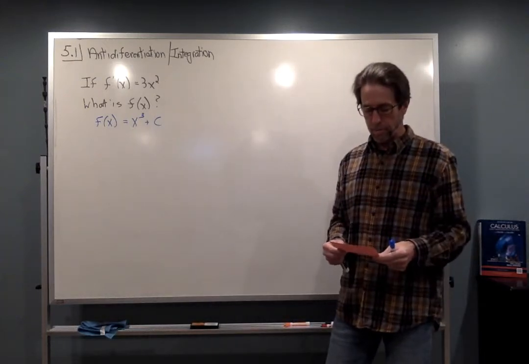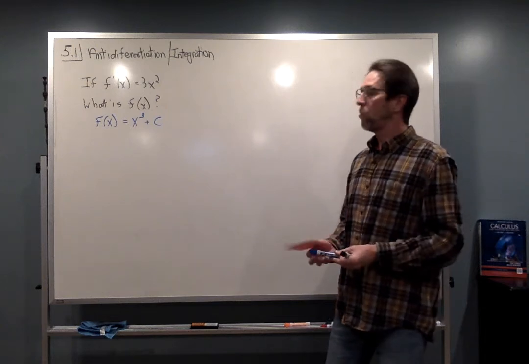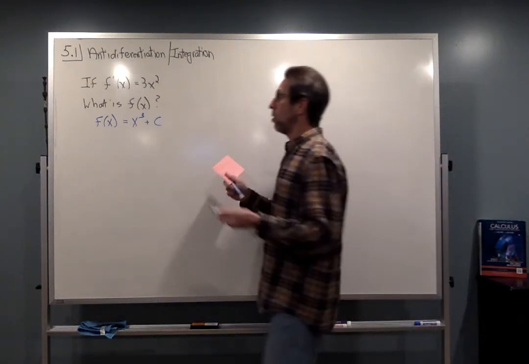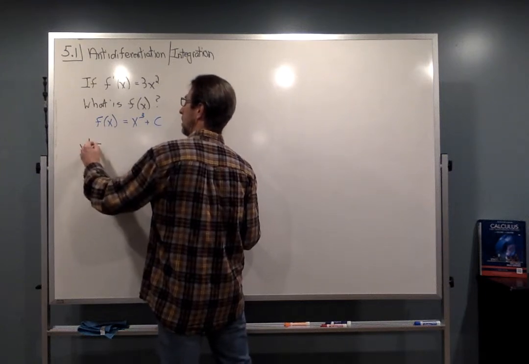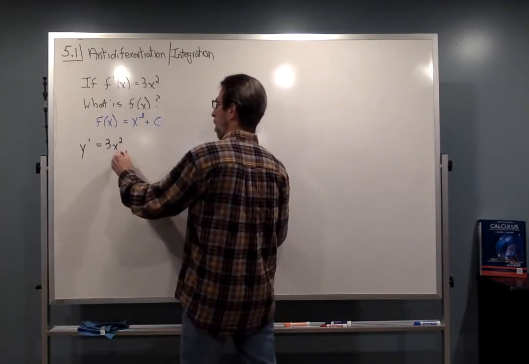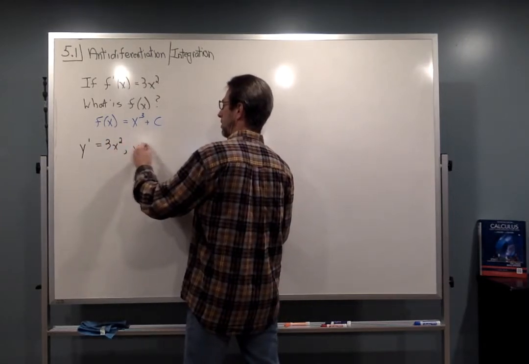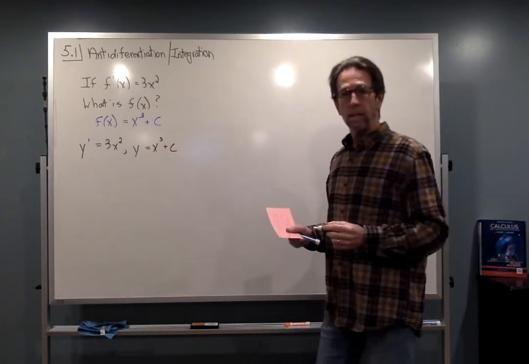Now there's some different notation that we might have for this anti-differentiation. One is that I could say y prime equals 3x squared, and therefore y is x cubed plus c. Really the same idea.